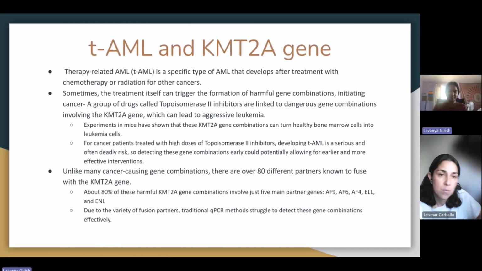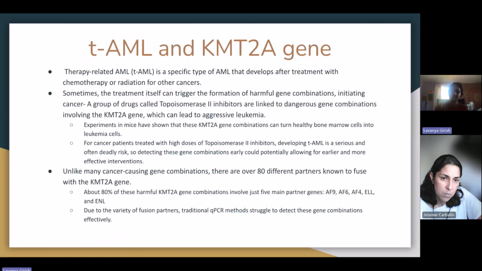Therapy-related AML, or TAML, is a specific type of AML that develops after treatment with chemotherapy or radiation for other cancers. Sometimes the treatment itself can trigger the formation of harmful gene combinations, initiating cancer, and specifically a group of drugs called topoisomerase II inhibitors are linked to dangerous gene combinations involving the KMT2A gene, which can lead to aggressive leukemia.